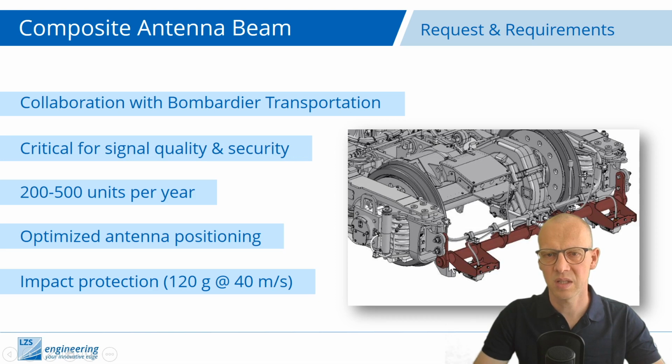And you can imagine that this antenna beam is quite important for the quality of this data acquisition, because if this sensor beam has a bad mechanical behavior, so too low eigenfrequencies, too heavy, too soft, in the meaning that it breaks often, it gives you really headaches, because we all know that actual trains are quite heavily loaded with electronics.